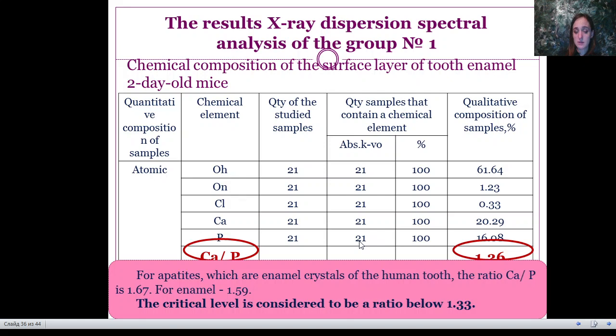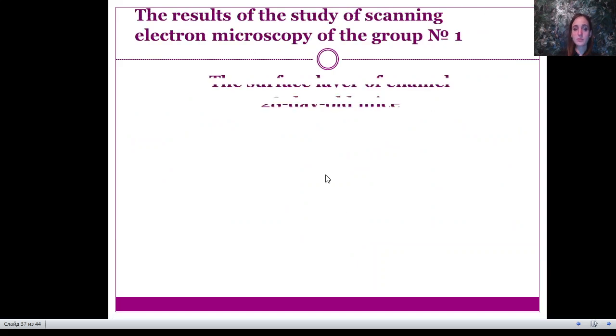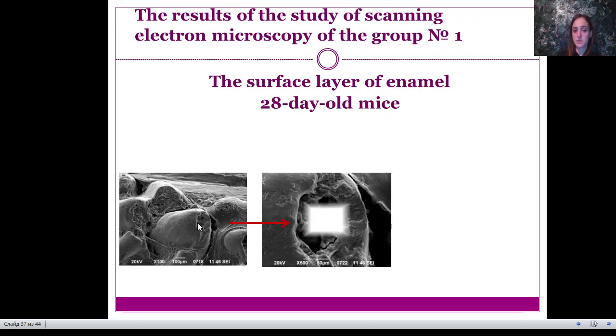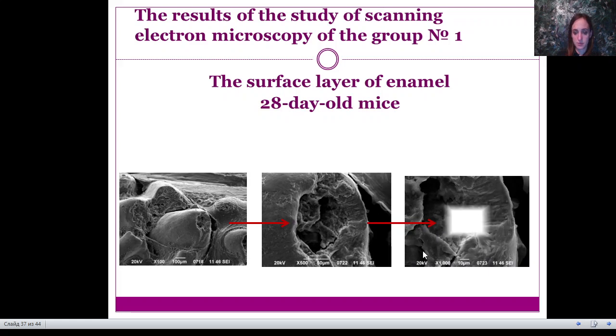So the critical level is considered to be a ratio of 1.33. And it is a picture of the surface layer of enamel of a 28-day-old mouse. So you can see the tooth and enamel layer.